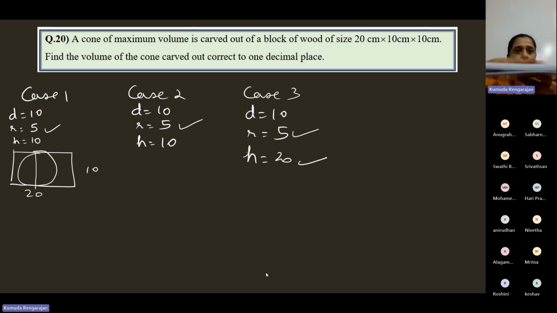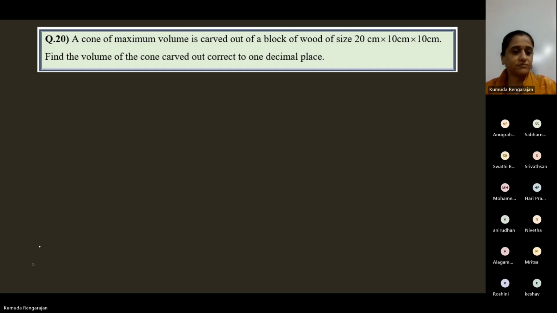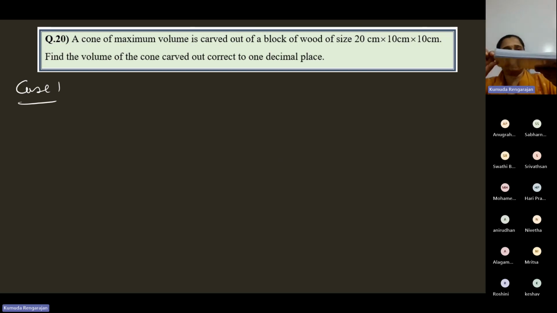Okay, now if you're using the top and the bottom, this and this will become the height. What will be the height? 10. Height is 10. The apex is from here and the circle is from here, so you're pulling it like this.